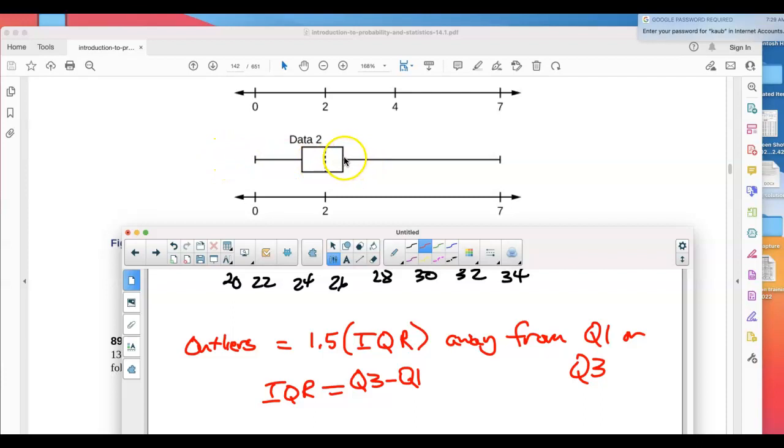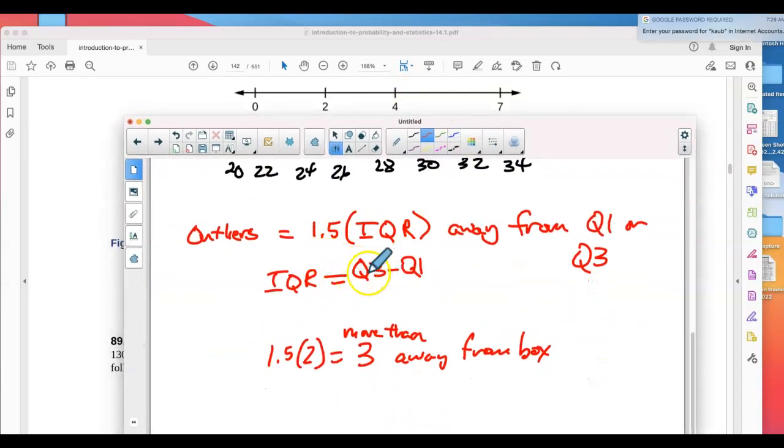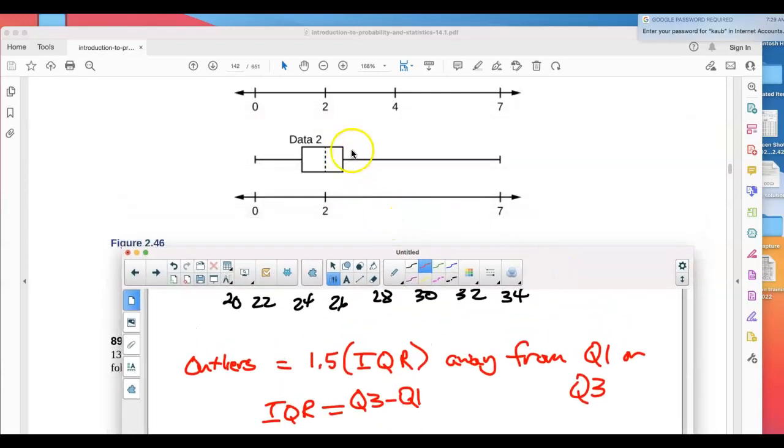But looking at this side and going this way, that is more than 3 units, because 3 units supposedly is 4 right here. 4 to 7 is 3. So this is more than that away, which means 7 is an outlier by this definition. It's more than 1.5 times the IQR away from Q3, away from this edge of the box, or away from this edge of the box going the other way.